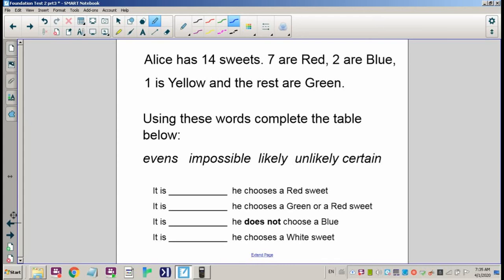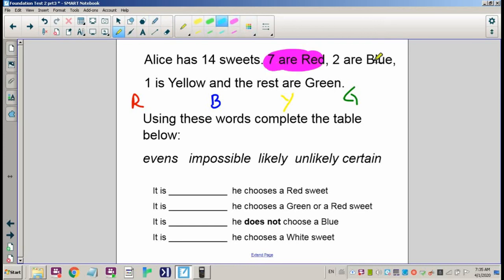Well, before we can go any further, we're going to write down the probability for each of the types of sweets. That is the red ones, the blue ones, the yellow ones, can you see that yellow? And the green ones. But there's one thing we haven't actually, let's just go back, let's look at this question here. What have we got? We've got 7 red.